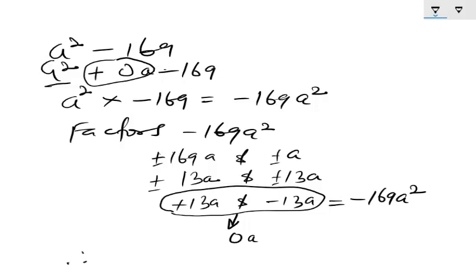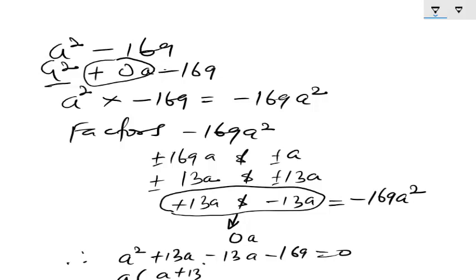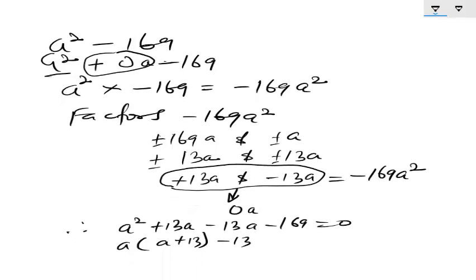Therefore, we can say this becomes a squared plus 13a minus 13a minus 169 equals 0. a is common in the first two terms, giving a times (a plus 13). Minus 13 is common in the last two, giving minus 13 times (a plus 13), equals 0.